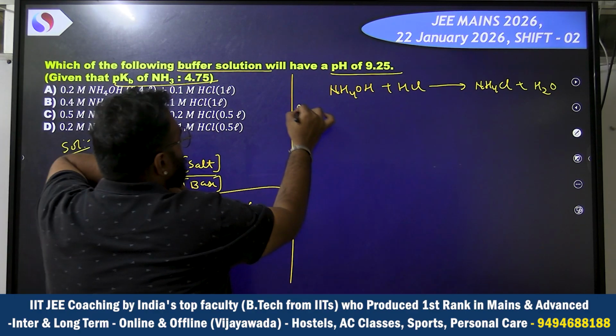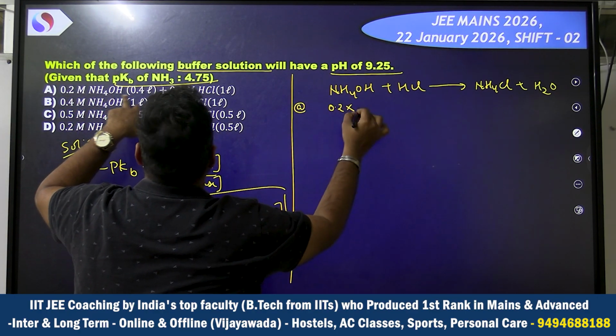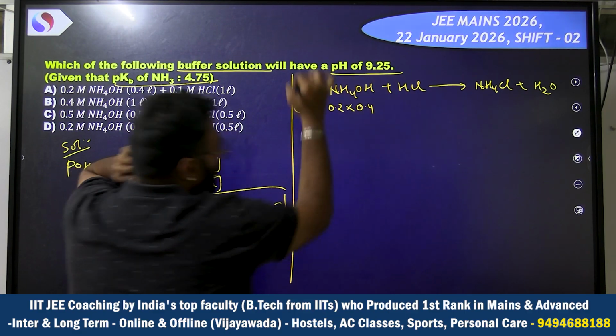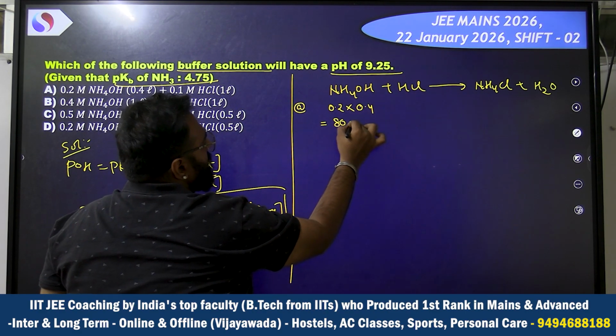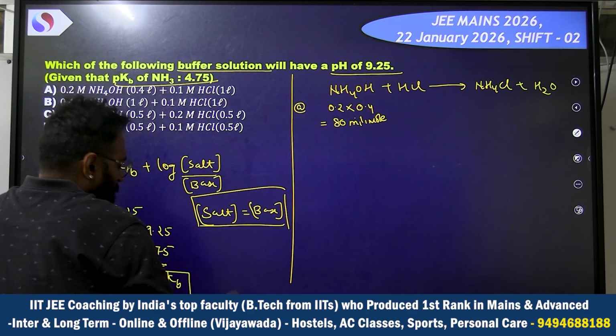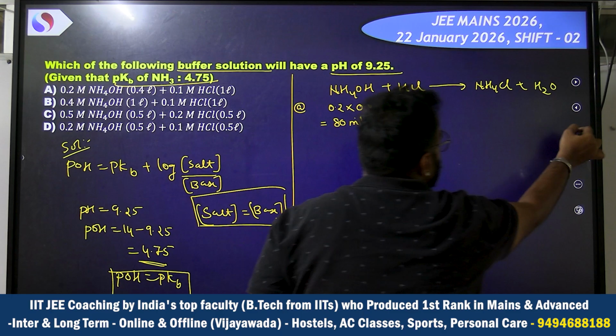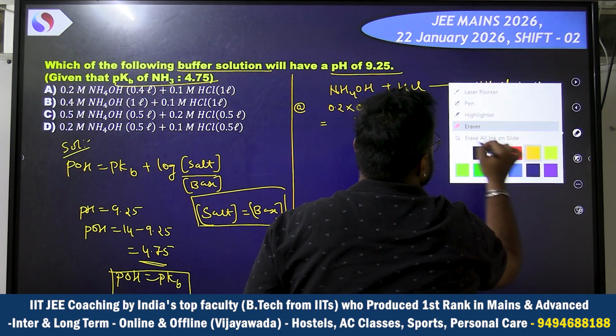First condition: this is 0.2 into 0.4. So how much will this be? Sorry, this is 8 millimoles. The salt will also be 8 millimoles.